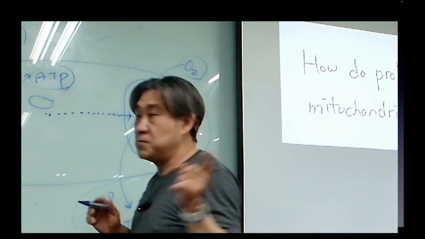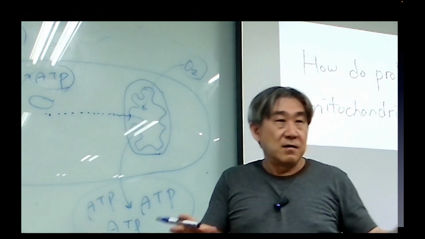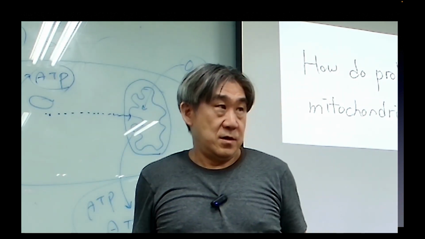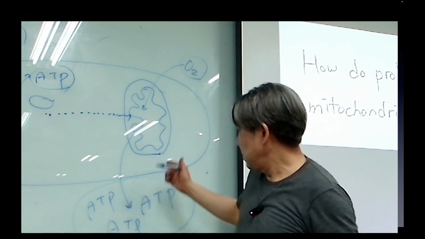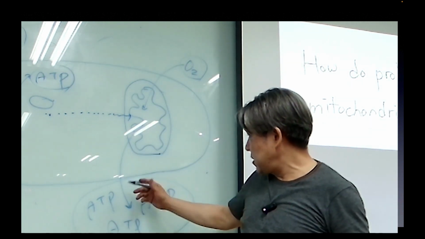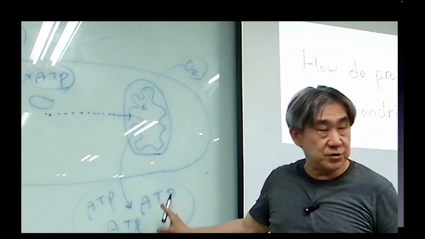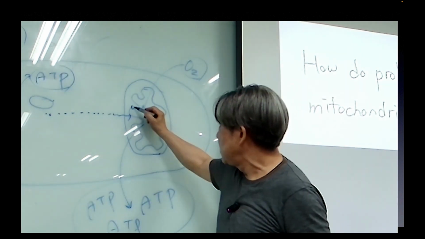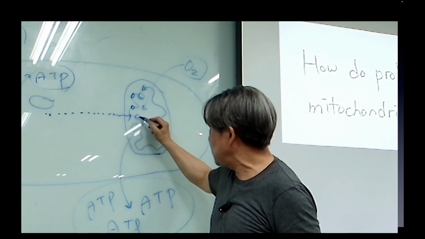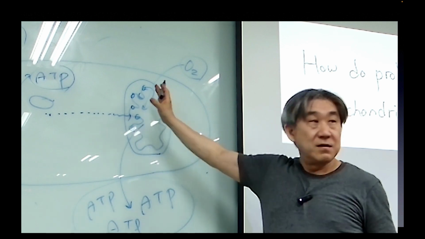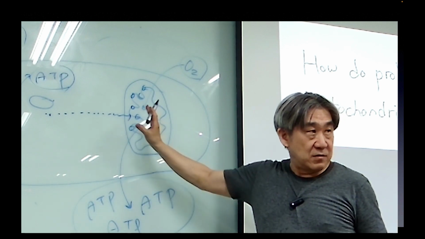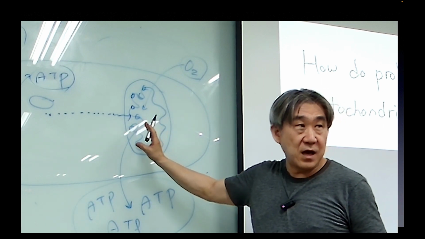And the second, more important reason is that a lot of bacteria have also developed this. The reason why mitochondria can produce so much ATP is because of some very specific enzymes lined up inside the inner membrane of the mitochondria.